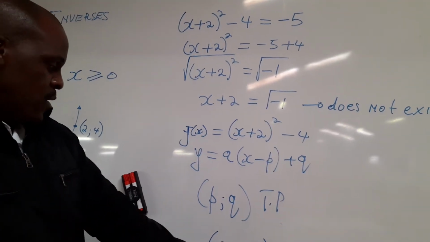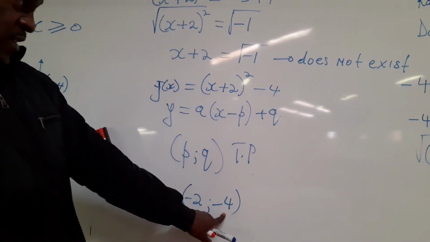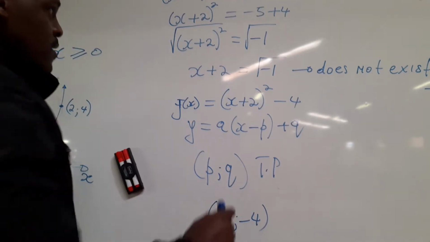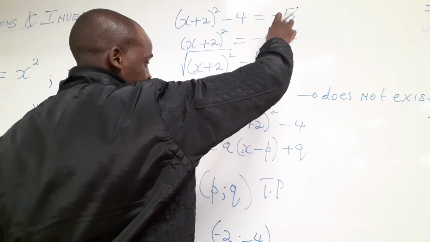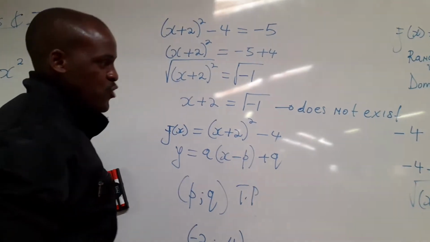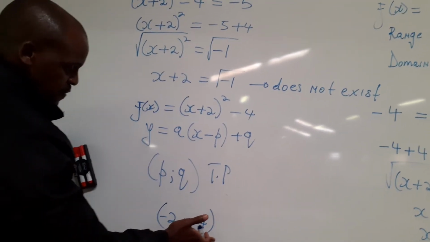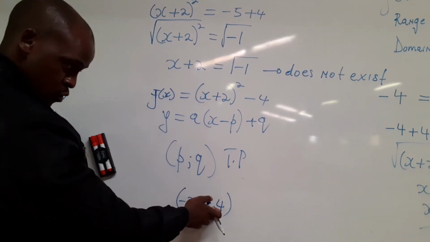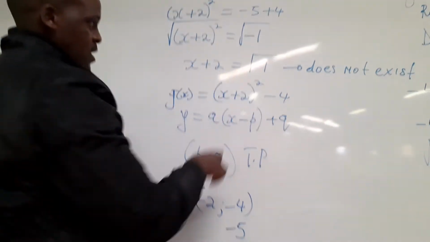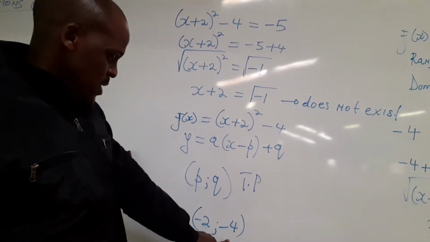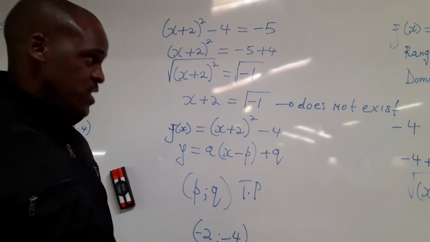If this is negative 4 and we make y negative 4, it will exist. But if this is below negative 4, like as we have shown here, it is negative 5, once this is below negative 4, it won't exist.